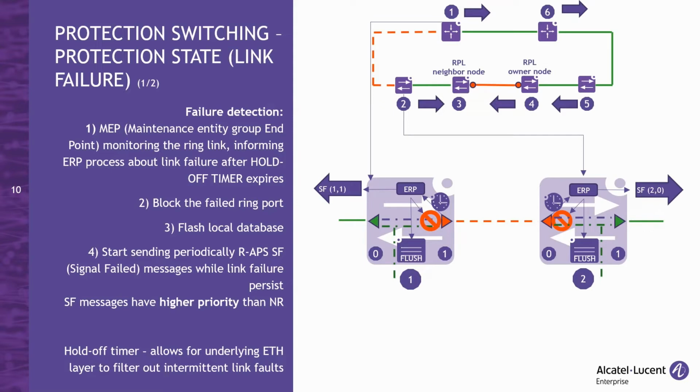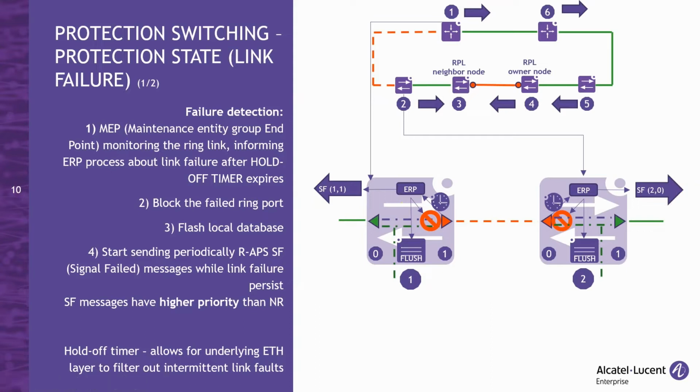These messages will use code SF, signal failed, followed with node ID and port ID. So, as seen on this slide, node 1 will send SF messages with node ID 1 and port ID 1. And node 2 will send these messages with ID of node 2 and port ID of 0.